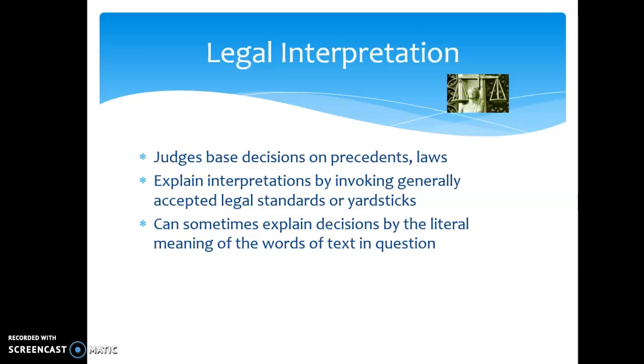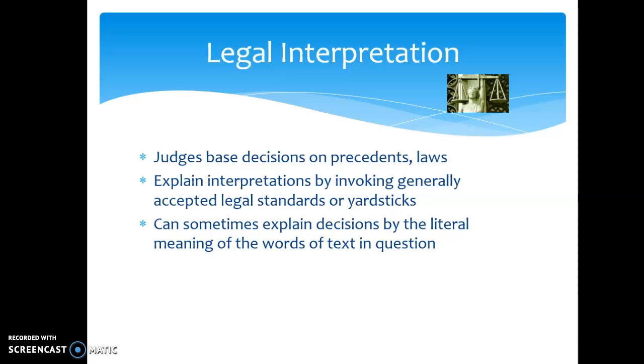In legal interpretation, judges base their decisions on precedent. Precedent are legal decisions that have been made in the past from which future law is derived. And in terms of legal interpretation, it's used to explain interpretations by invoking generally accepted legal standards or yardsticks in terms of how the law is going to be interpreted and how decisions are made.